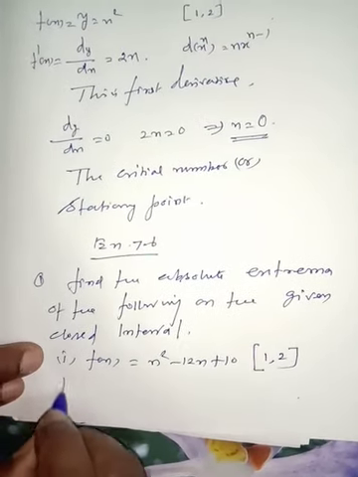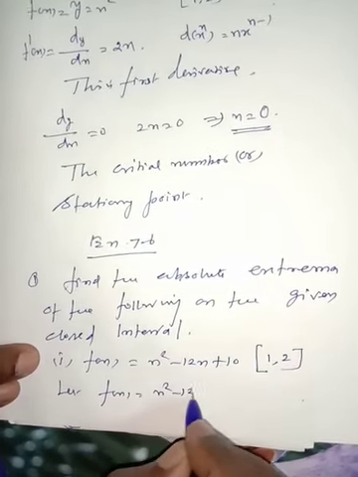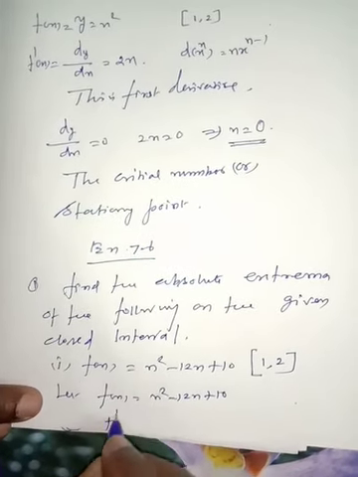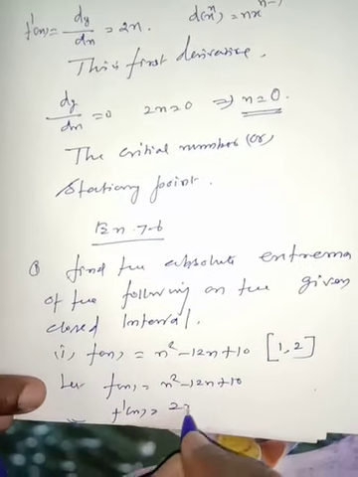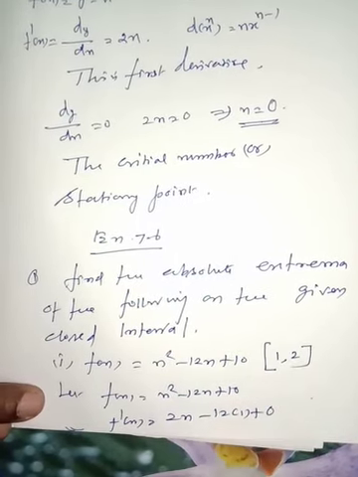Now let f of x is equal to x square minus 12x plus 10. F dash of x means first derivative. F dash of x is equal to 2x minus 12 into 1 plus 0.